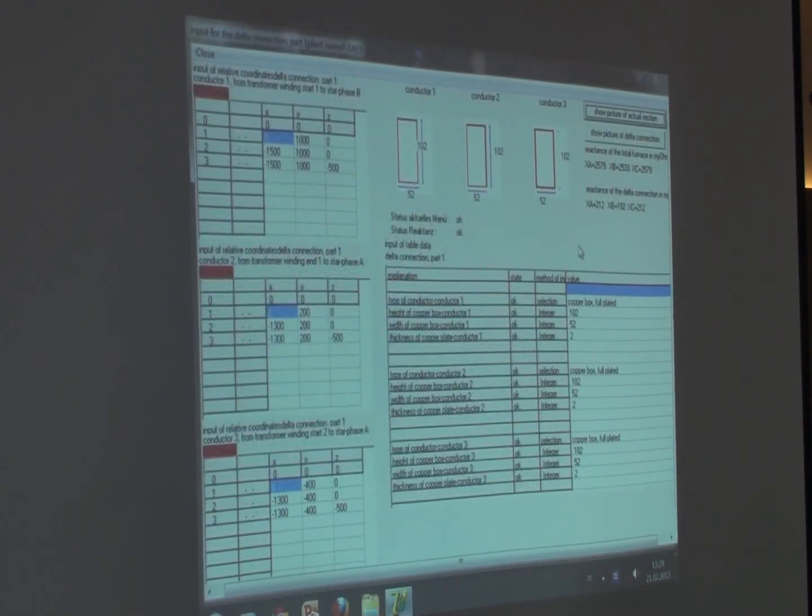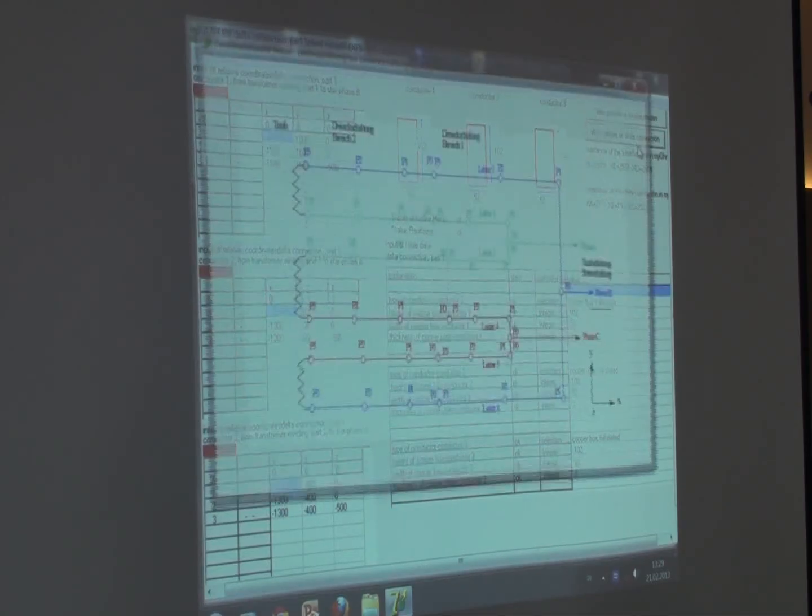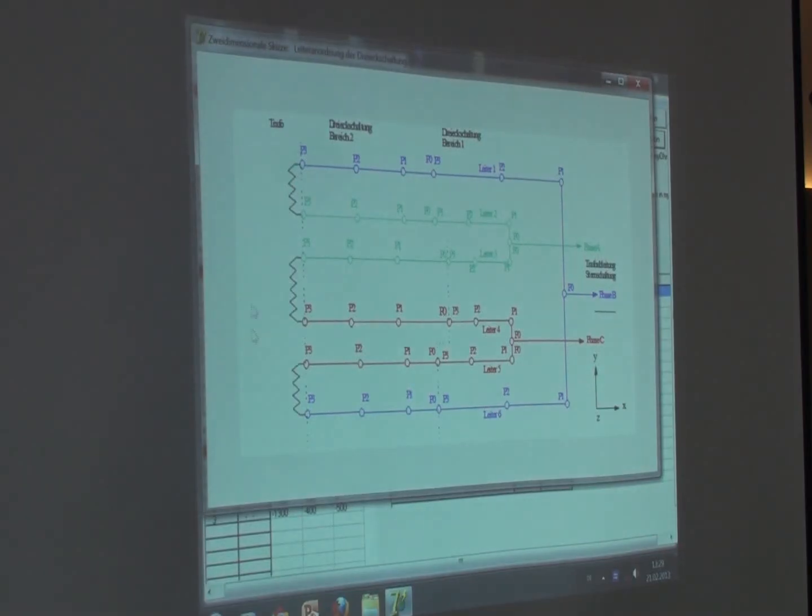Let's have a look at this construction. This is an electrical board.